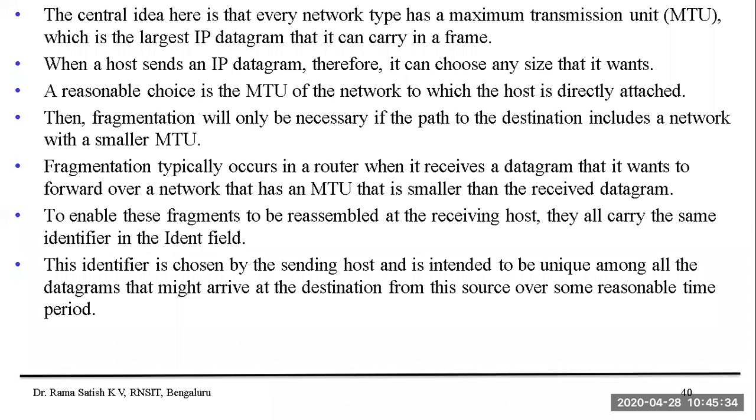So this is what we have to understand. The identifier, or the fragment number, or the packet number, is going to really help during the assembly of the particular packet at the receiving station.